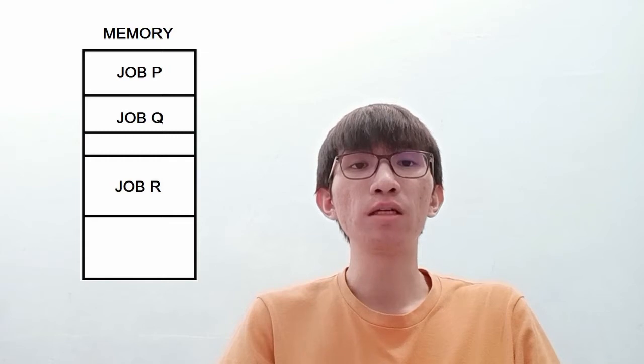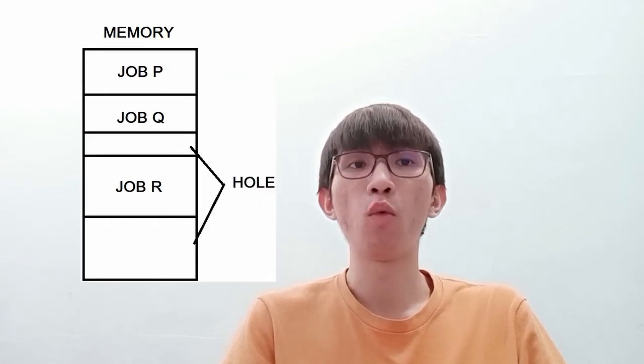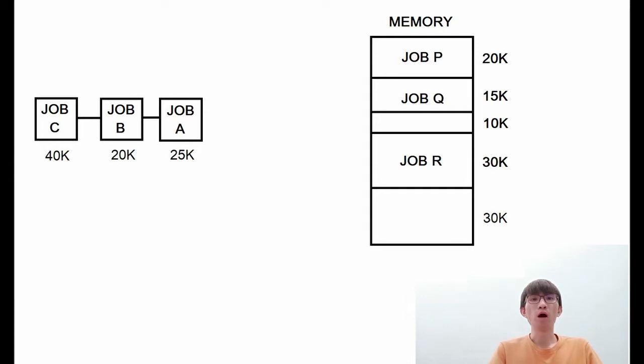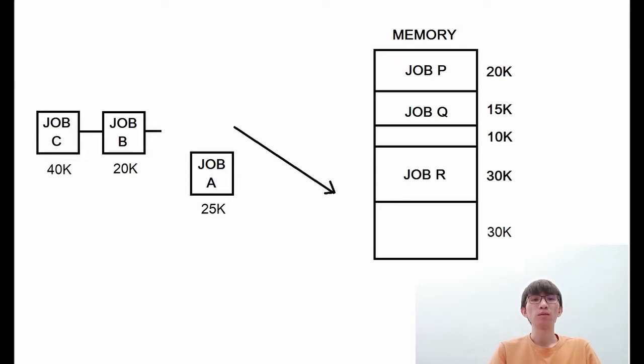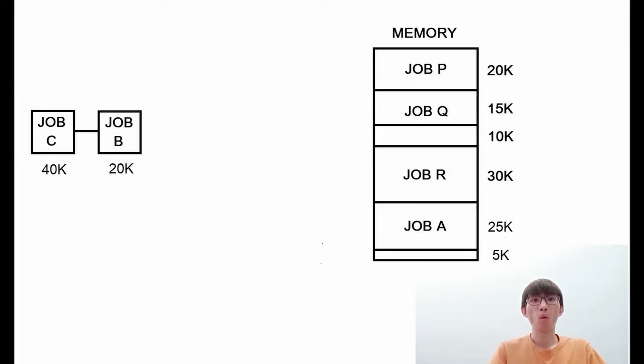Then the operating system will determine the memory requirement of the process and also the memory space available in the system, which is the hole. If the hole is suited to the process, then the system will allocate the process into that hole.